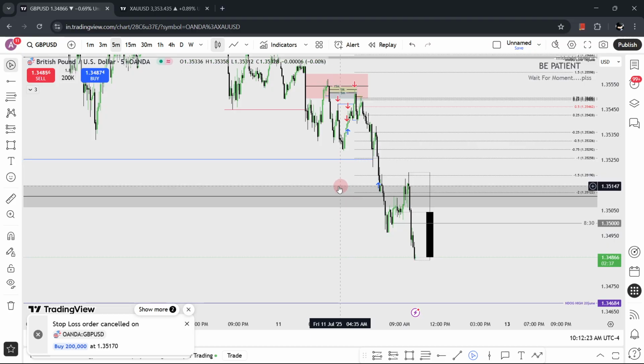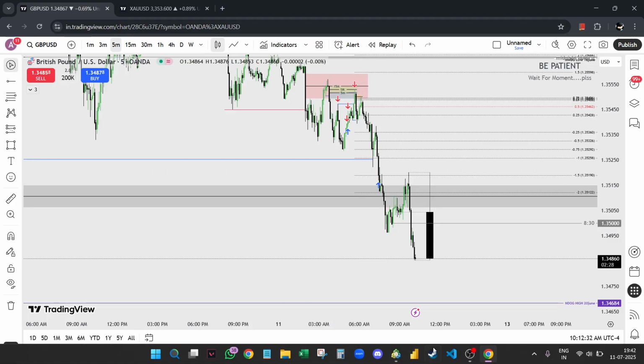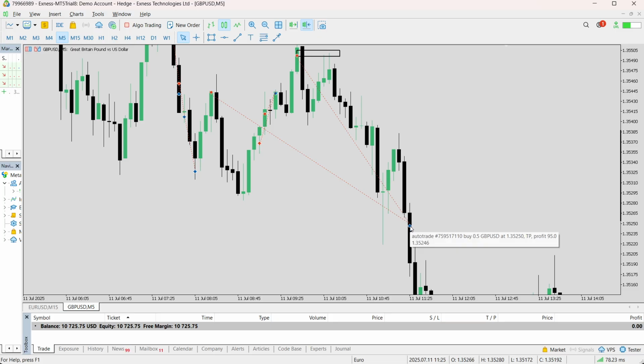I hoped that it would go to here. I put both of my targets here, then I moved from there to here. So that trade gives me around profit. I don't know, let's check.